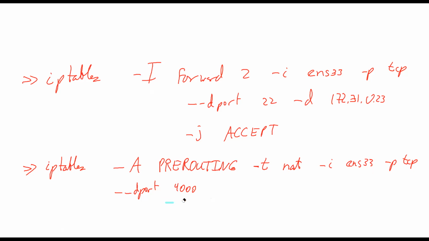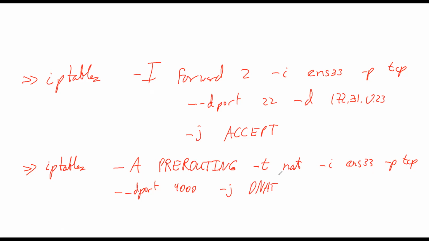And then once you've done that, then you can specify what to do. So once something arrives to port 4,000, you're going to do -j, and instead of accept or drop or anything like that, you're going to do DNAT.